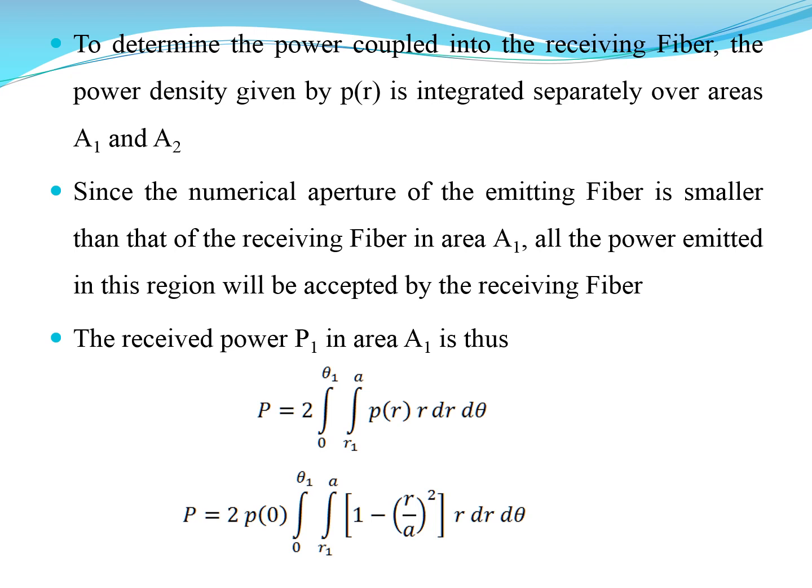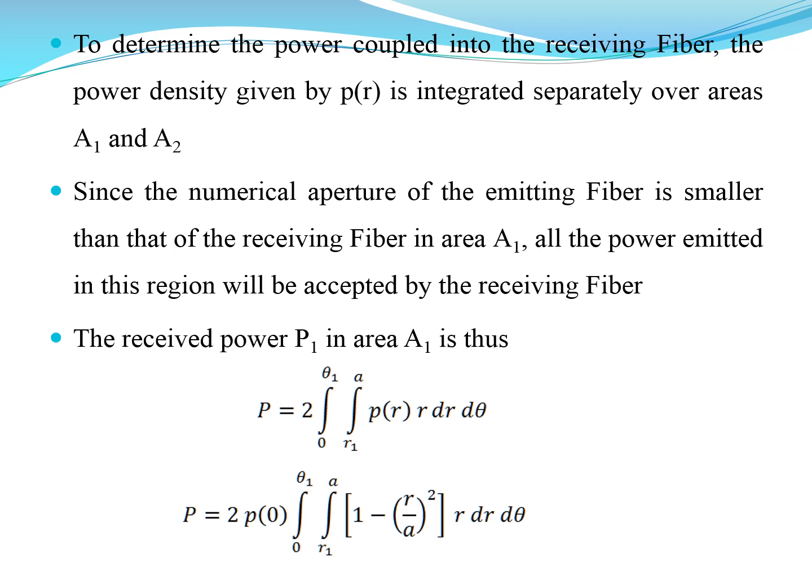Since the numerical aperture of the emitting fiber is smaller than that of the receiving fiber, the power emitted in this particular region will be entirely accepted by the receiving fiber.